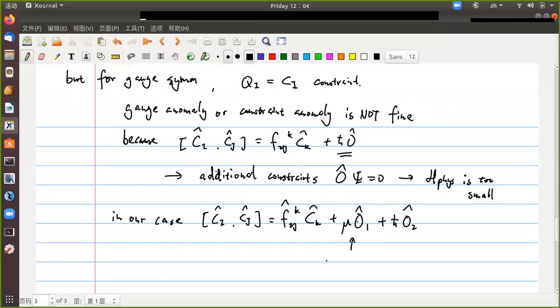We have both discretization anomaly and quantum anomaly.